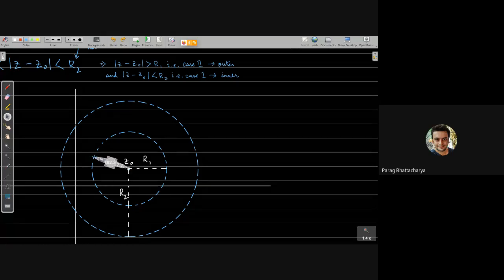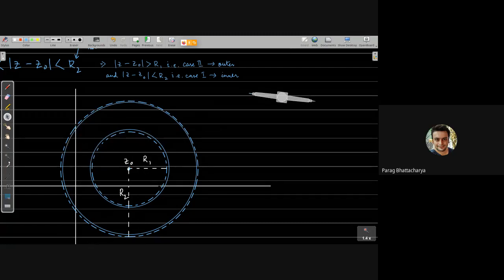But points which are inside of R2. This is R2, so points which are inside are these points somewhere over here. So we are looking for the points which are outside R1 but inside R2.